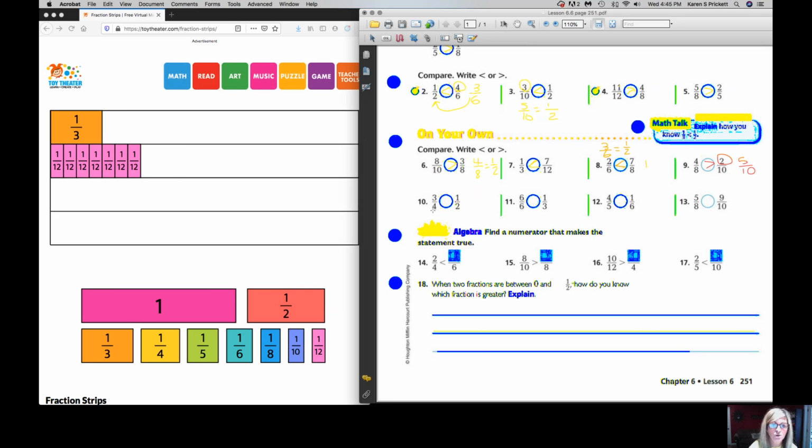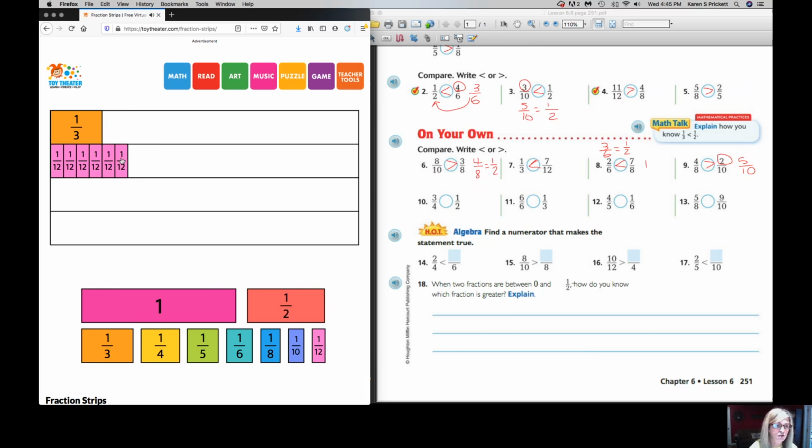All right, 3/4 and 1/2. I'll use my virtual tools over here just for fun. But 3/4 is almost a whole, and all I would need is one more fourth to make a whole. And I'll show you that in comparison here. Let me put a 1 whole up there.